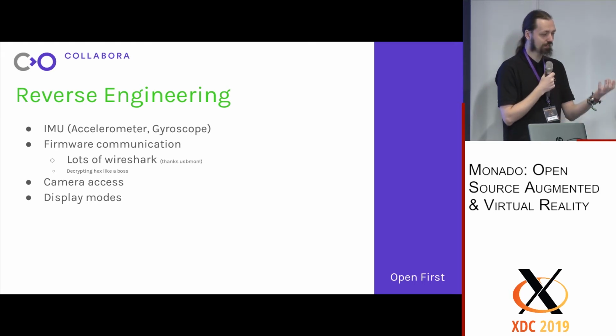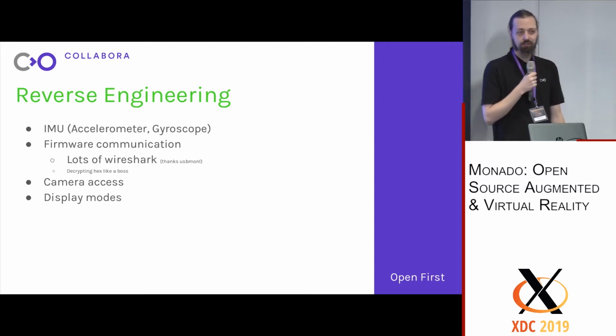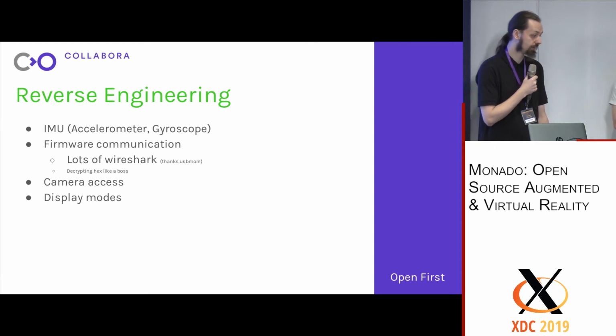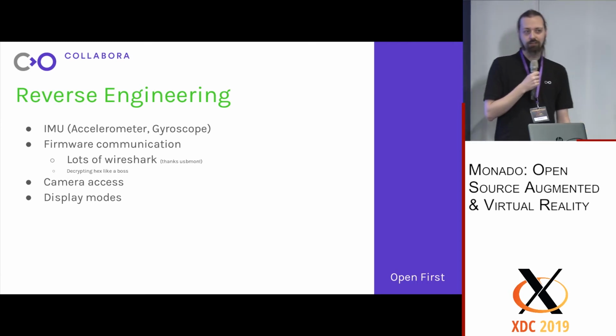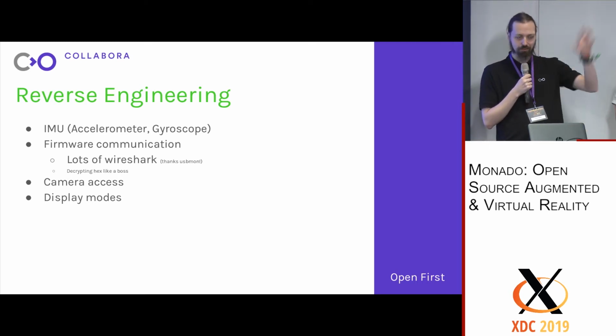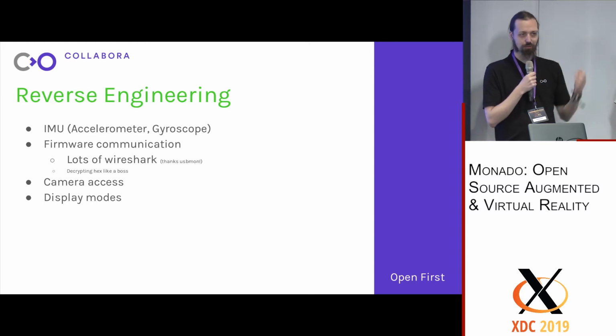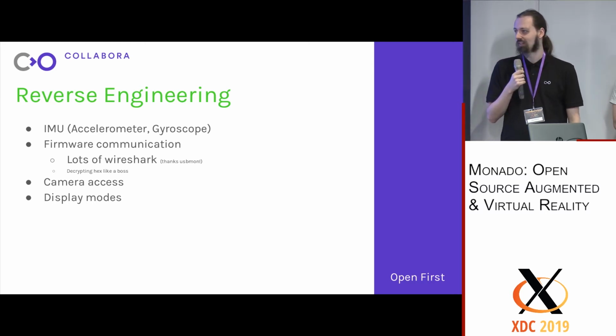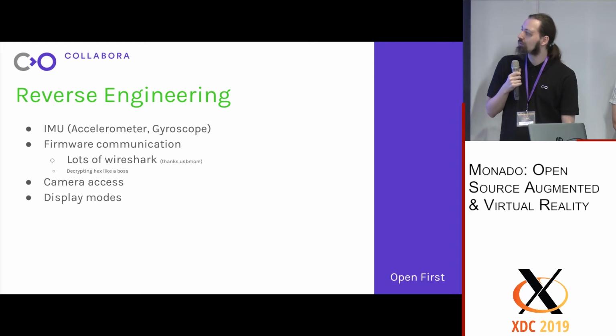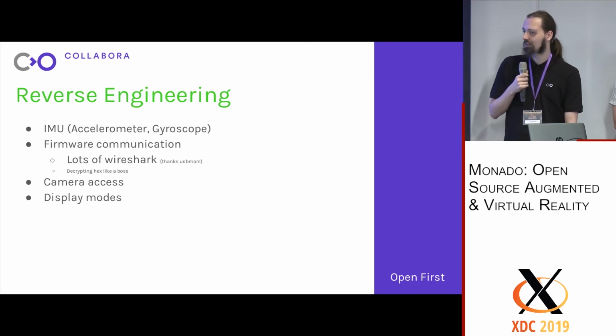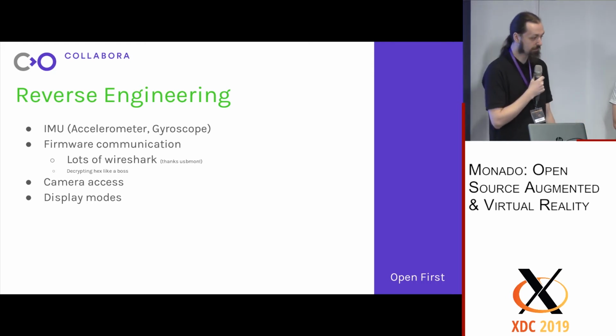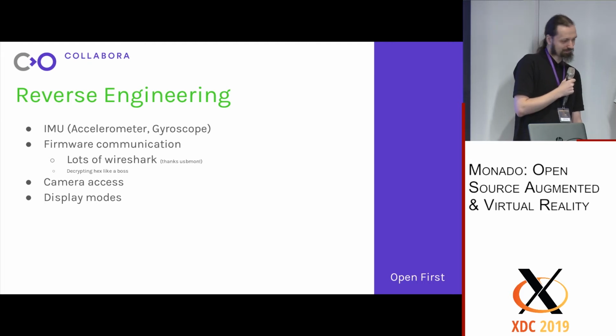We get a device and first try to see what the firmware communication is. So it's a lot of Wireshark, and a lot of checking out hexadecimal values and waving the device around, checking if you can find an accelerometer and gyroscope XYZ position, which is always fun. To a degree where lots of us now read hexadecimals better than ASCII. It's not great, but it's actually kind of fun if you get into it.